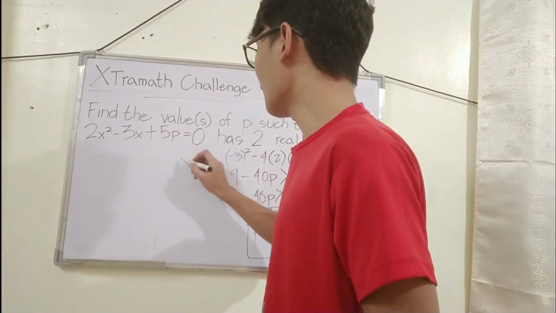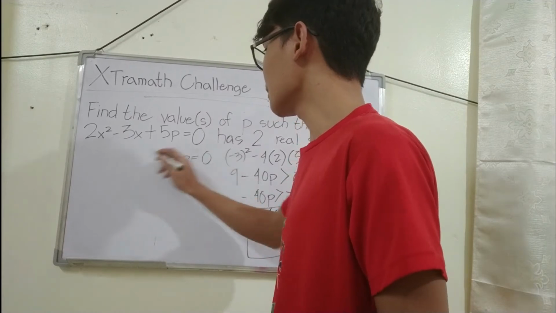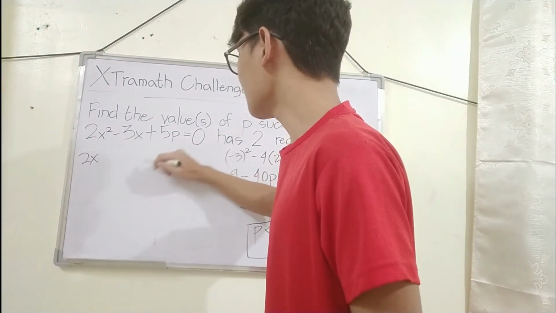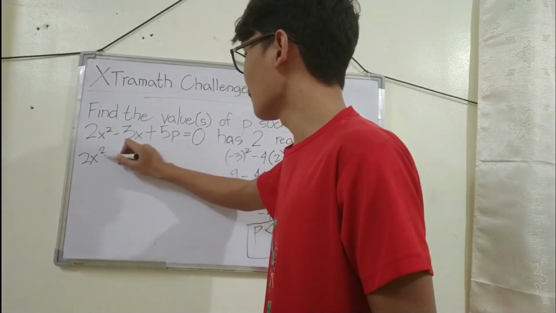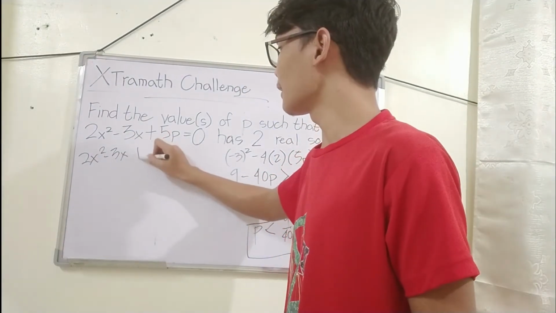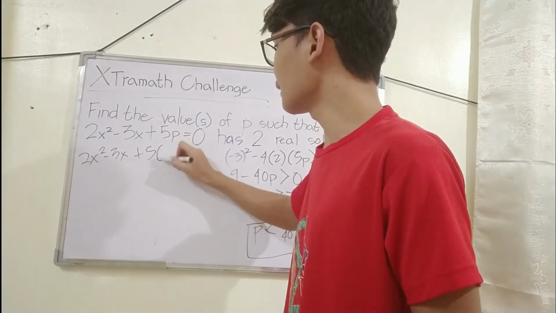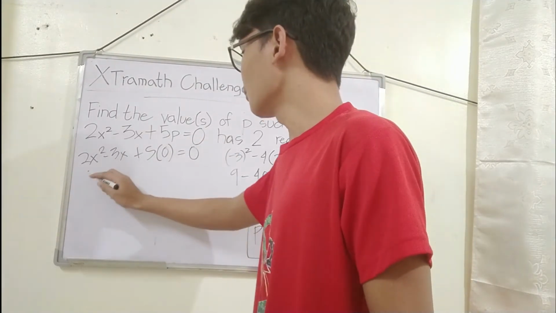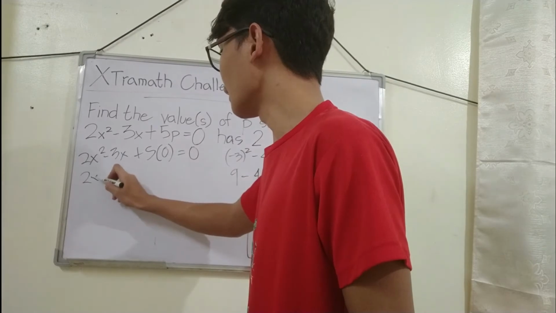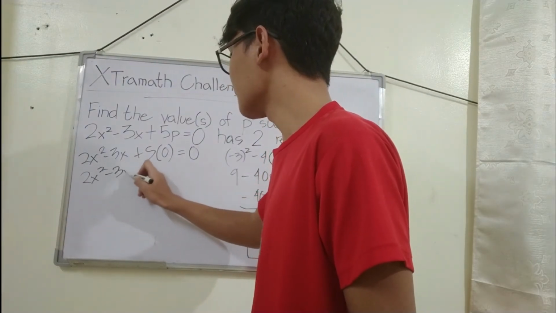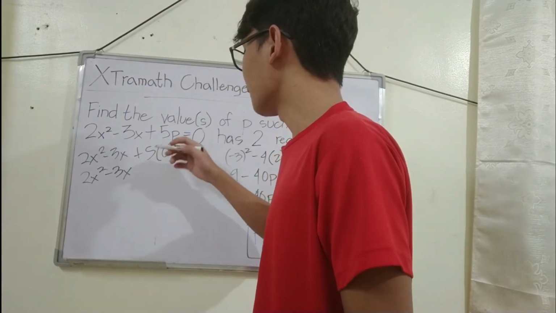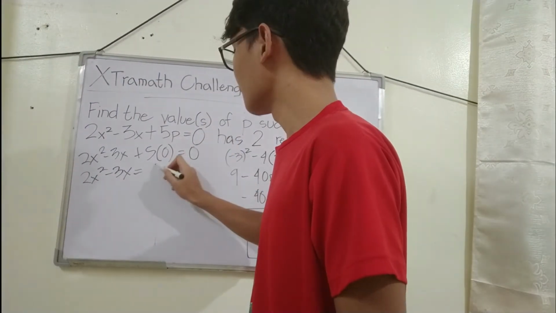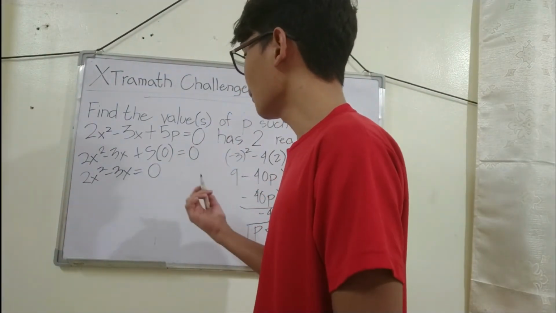Since we let p equal 0, we now get this equation: 2x² - 3x + 5(0) = 0. Simplifying, 5 times 0 is 0, so we don't need to write that. We would just write equal to 0.